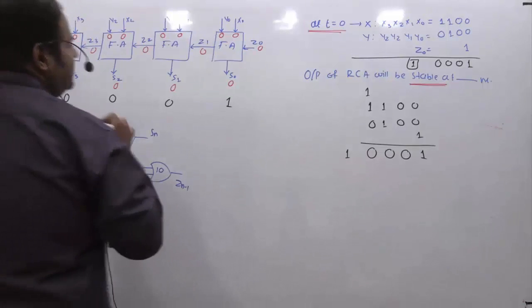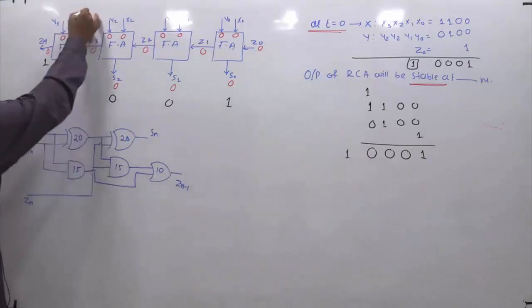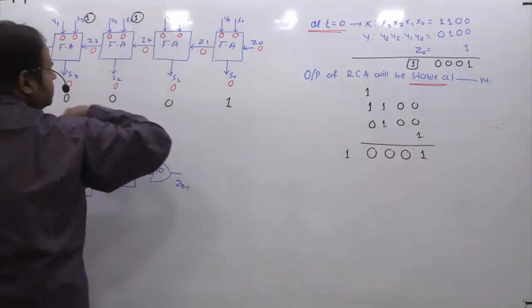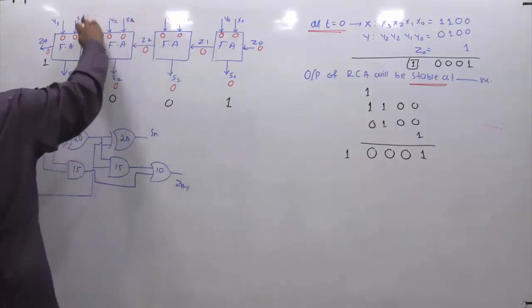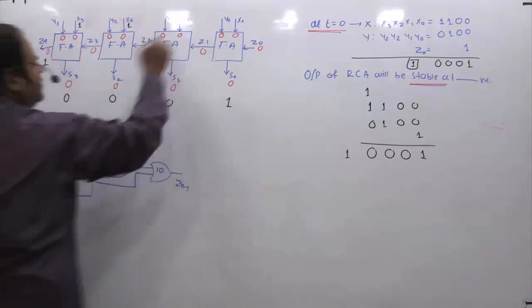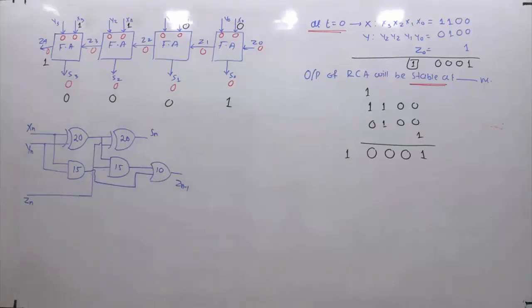Under what inputs? The inputs x3 x2 x1 x0 are 1 1 0 0, so this is 1, this is 1, this is 0, this is 0. Similarly, y is 0 1 0 0.